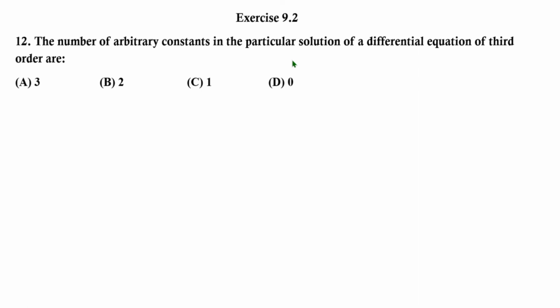Particular solution means there is some value assigned to these arbitrary constants. So there will be no arbitrary constants in the particular solution of a differential equation. So the number of arbitrary constants in the particular solution of a differential equation will be 0. So the answer is B, 0.